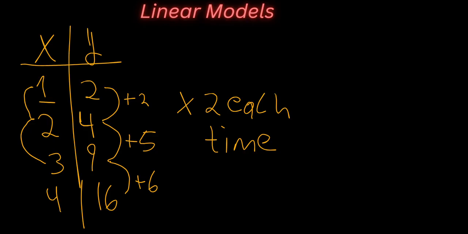Some of the common mistakes that people make when dealing with these types of problems is confusing what slope and intercept represent. So they may get confused about when we have the y-intercept, what does that mean?